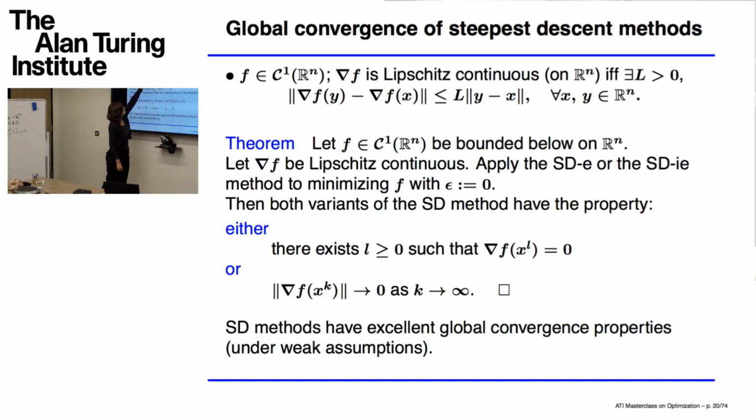It means that the change in the gradient can be bounded by a multiple of the change in the argument of the gradient. So I can somehow control the length. This is always true if this function was over a bounded domain. This would always be true if the gradient was continuous.